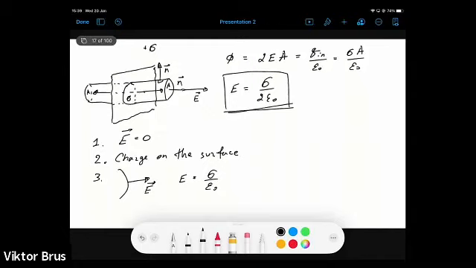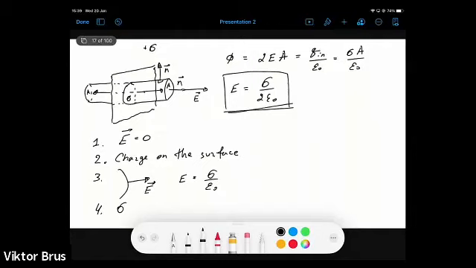So the last condition which should be satisfied is that surface charge density is the greatest at the locations where the radius of curvature is smallest. It depends on the shape.